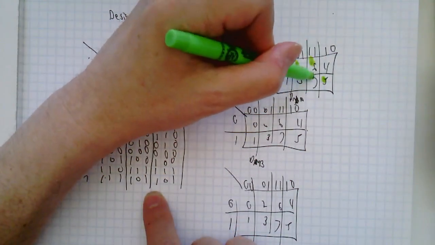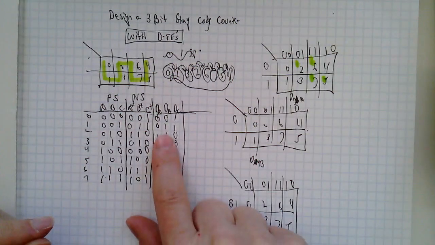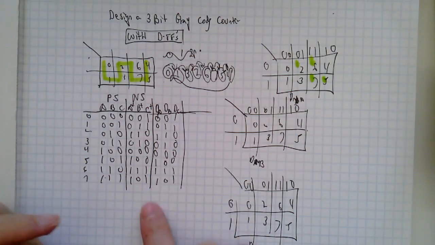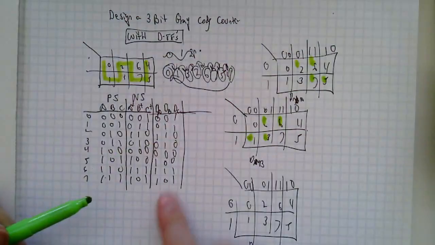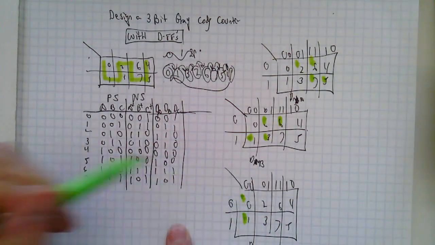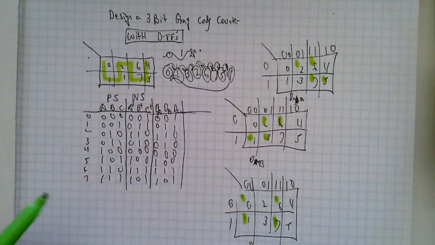I'll have ones on 1, 2, 3, and 6. I'll have ones on 0 and 1, and ones on 6 and 7. That's enough for me. I don't have to fill in the zeros because I know the rest are 0.